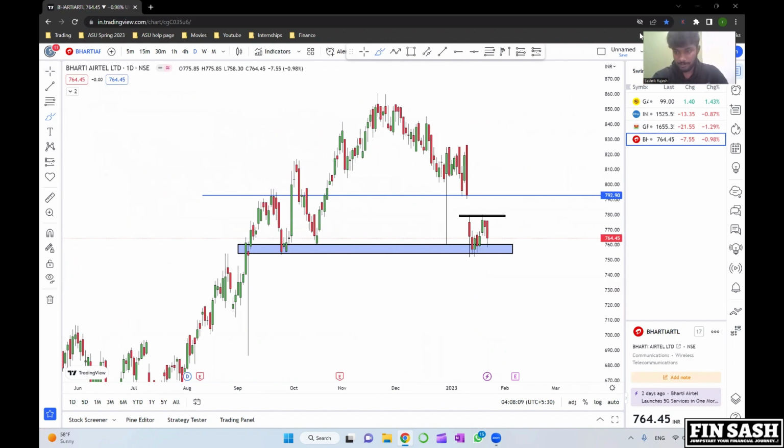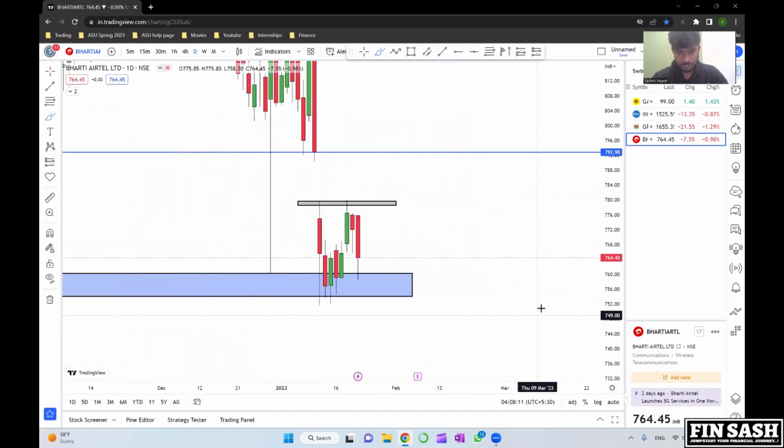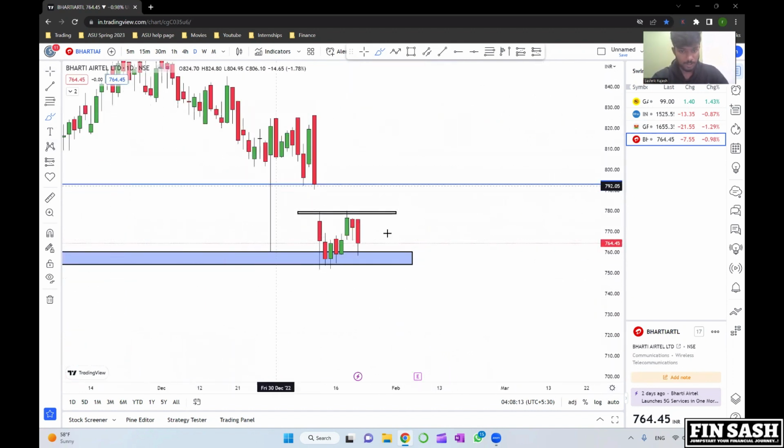Bharti Airtel again for a bullish trade. So it gave a slight bullish run and then again it dipped and now it might give another bullish run. So again, similarly, if there's a green candle here, I take up the trade. This could be my first target for people who really want a quick target.